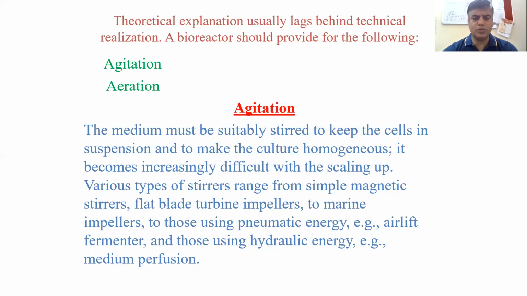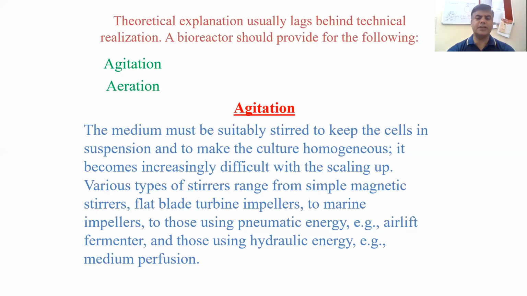These two, agitation and aeration, are the basic and important technical points through which we can get a higher or desired product. For agitation, the medium must be suitably stirred to keep the cells in suspension and to make the culture homogeneous. A proper, homogeneous environment should be there.